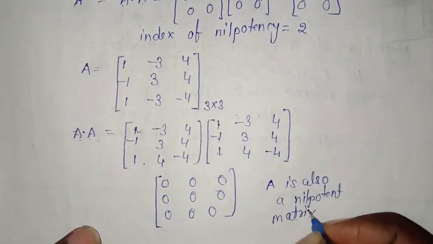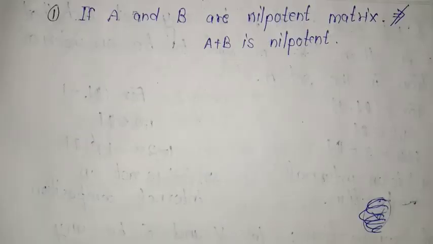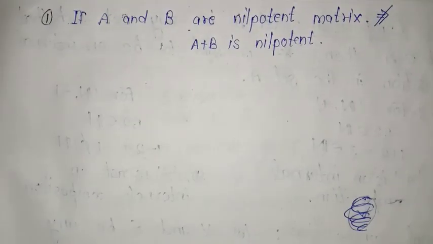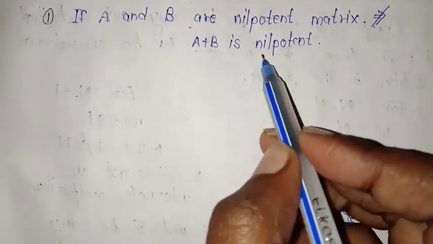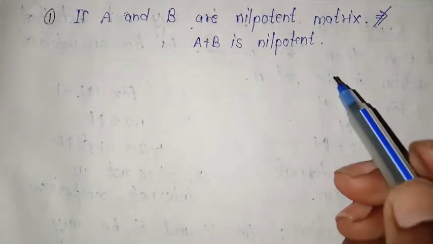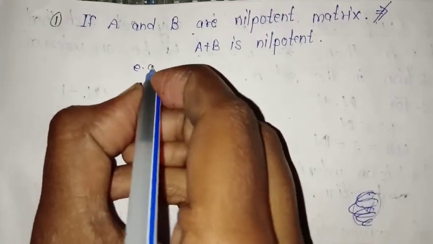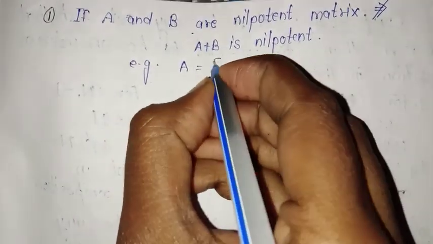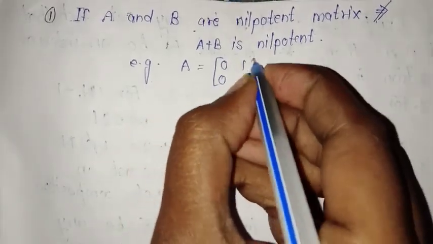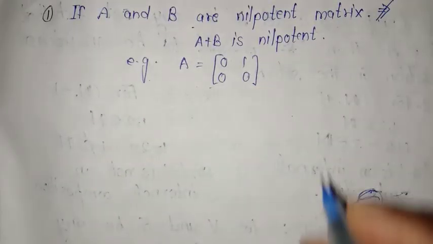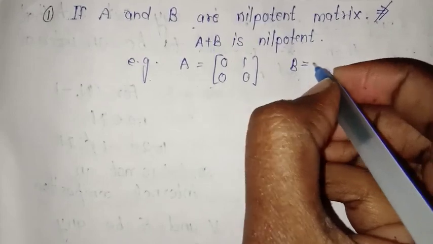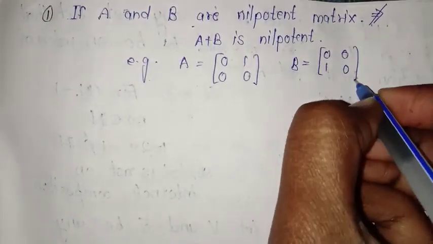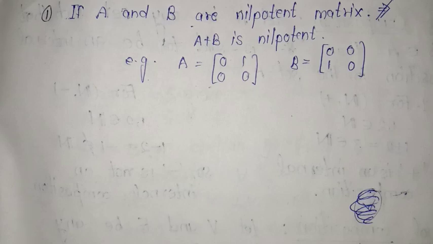Now let's discuss some of its properties. Our first property is as follows: if A and B are nilpotent matrices, this need not imply that A plus B is nilpotent. For example, if I take a matrix A as 0 1 0 0, this is a nilpotent matrix of index 2, and B is 0 0 1 0, this is also a nilpotent matrix of index 2.